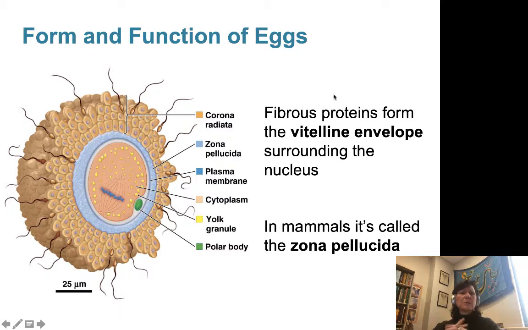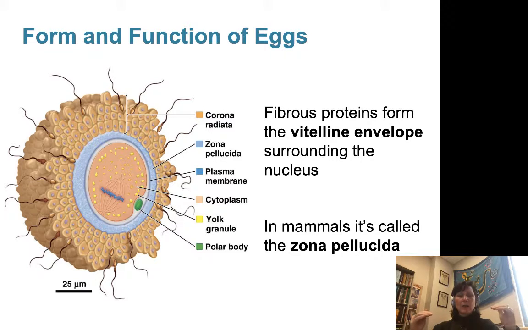So there's fibrous proteins that form this vitelline envelope that surrounds the nucleus and protects the eggs. And in mammals, that vitelline envelope is referred to as the zona pellucida. So it's actually quite a challenge for sperm to get through that vitelline envelope to fertilize the egg. And at the same time, there's so many sperm that are trying to do it simultaneously, but that could result in a disastrous impact.